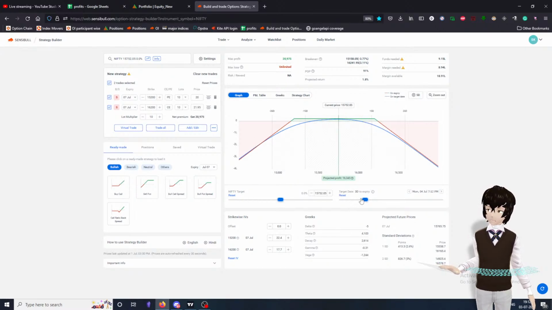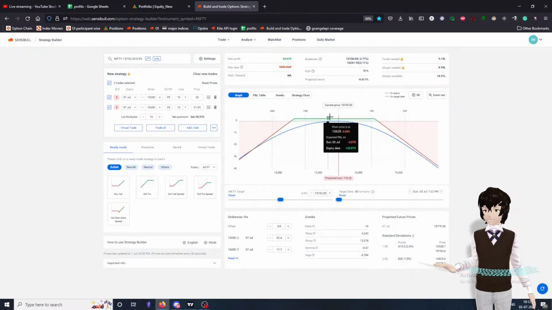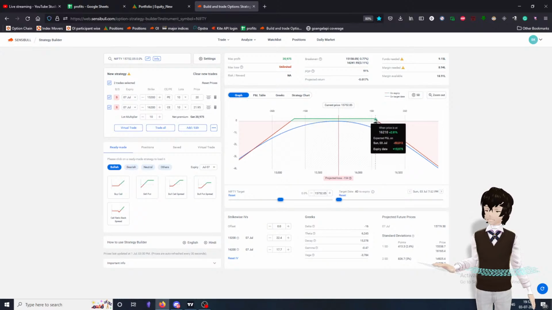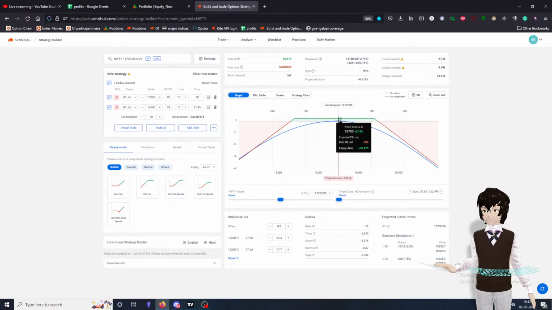What this basically means is that if there is a sudden increase in VIX, and most of our fear is when the market falls, it falls really fast. So that's normally when VIX goes up. And when that happens, one side will start increasing faster than the decay on the other hand. So it will not be matching.